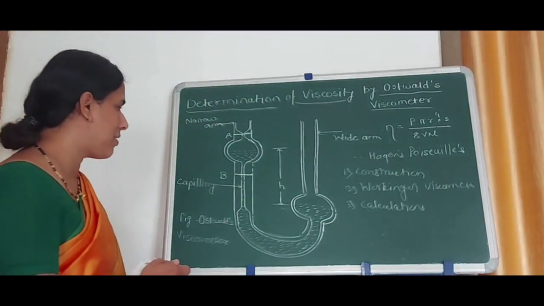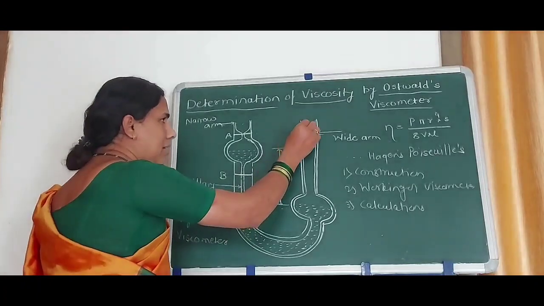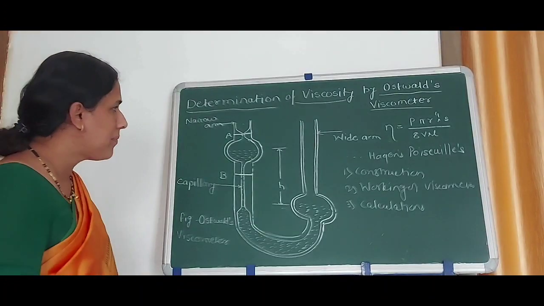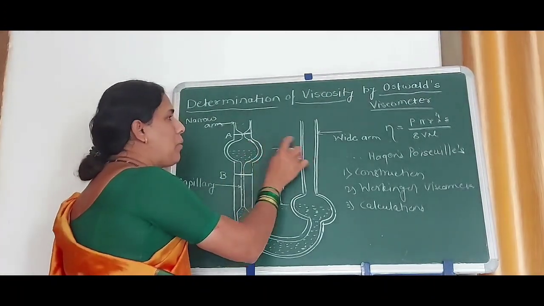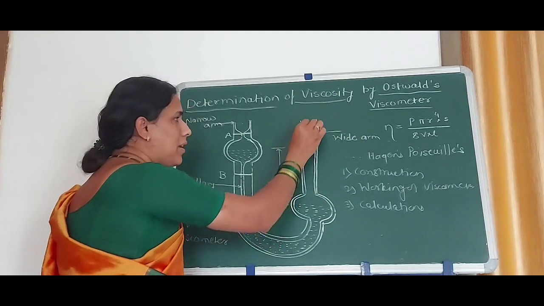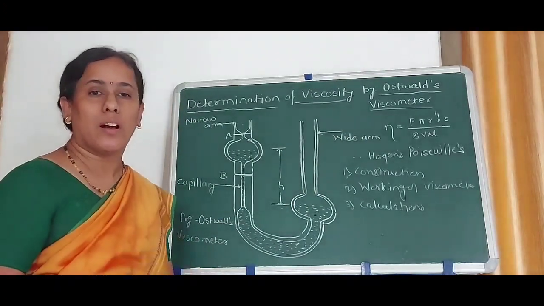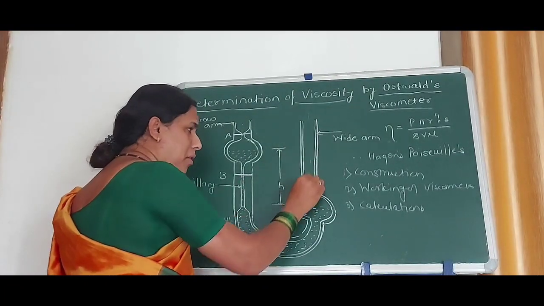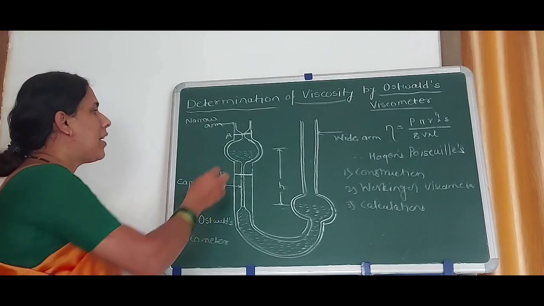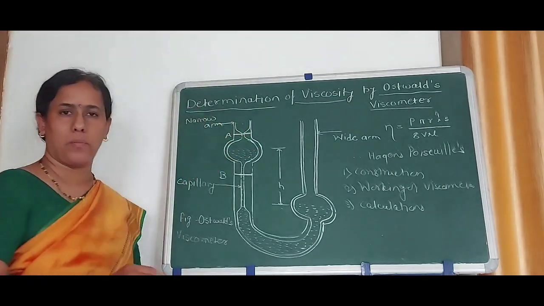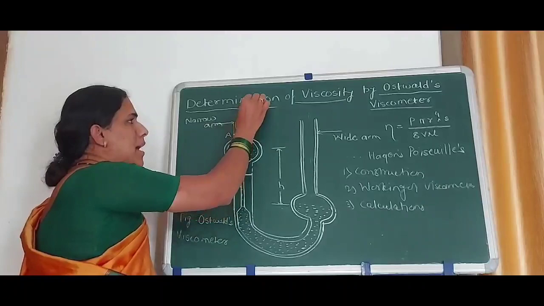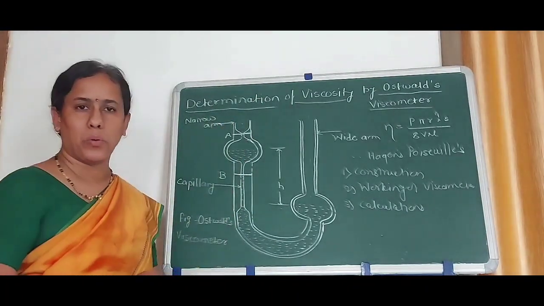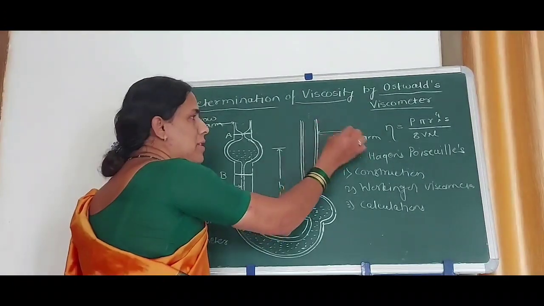The first is construction. Oswald's viscometer consists of a U-shaped glass tube. Okay, in this U-shaped glass tube there are two arms. One is the wide arm, through which we insert the liquid under examination, and the other is called the narrow arm, in which a rubber pipe is attached for sucking purpose above the mark A. Now what is the use of this wide arm?